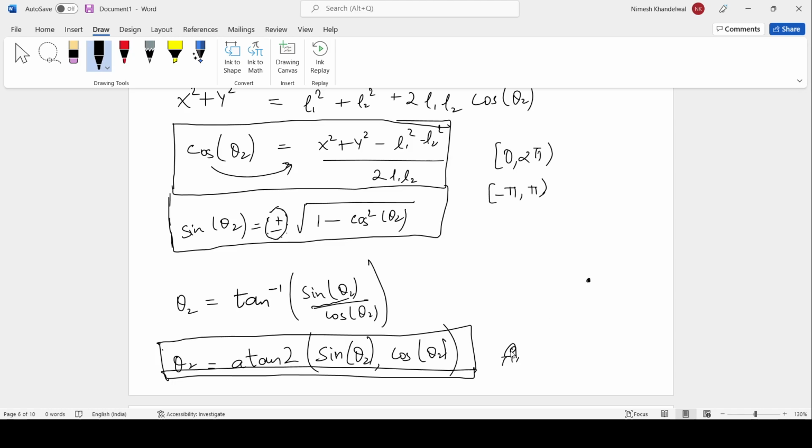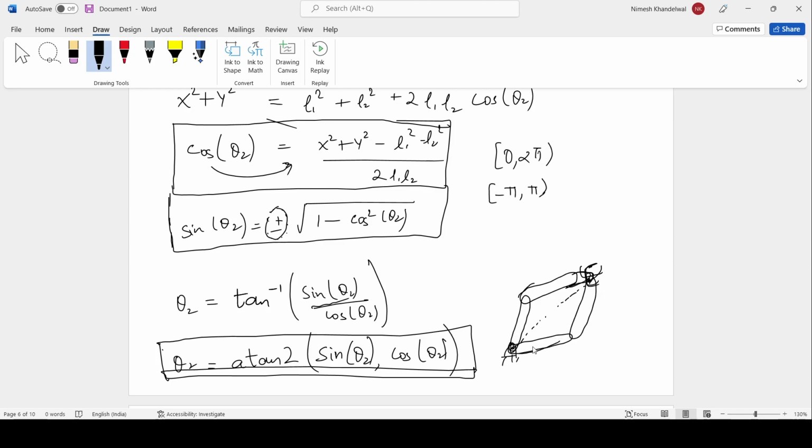There are two possible configurations of the robot in which it can reach this particular coordinate. The first one is when the robot is like this, and the second one is when the robot is on the other side of this dotted line that we have made.